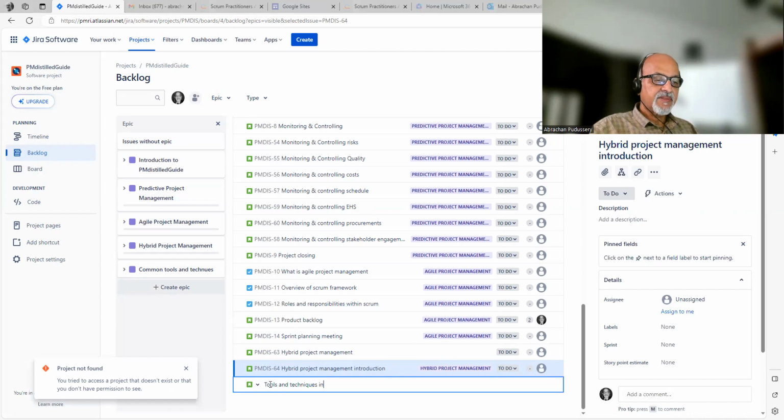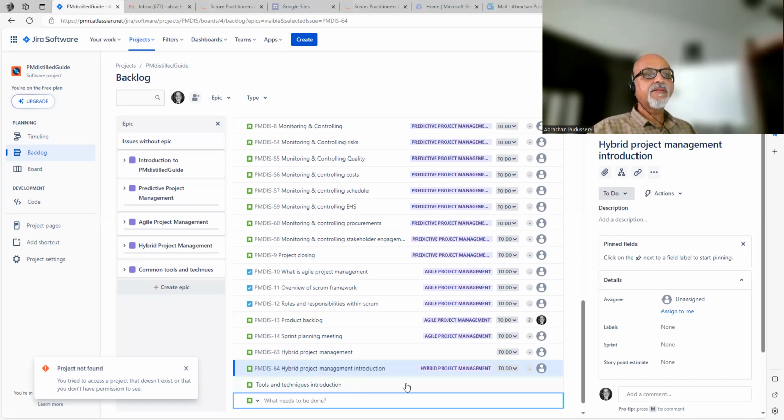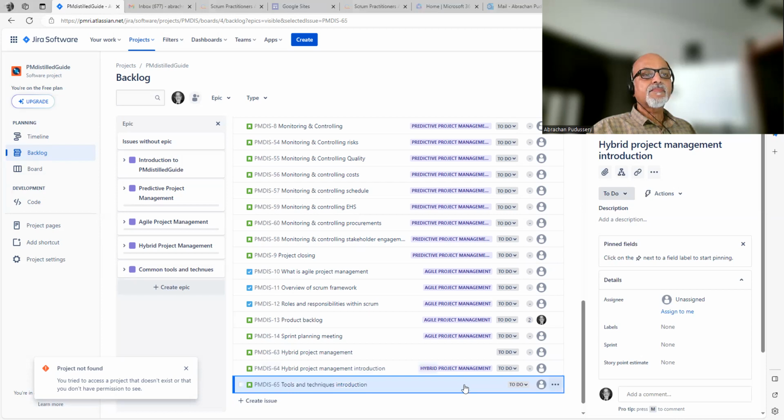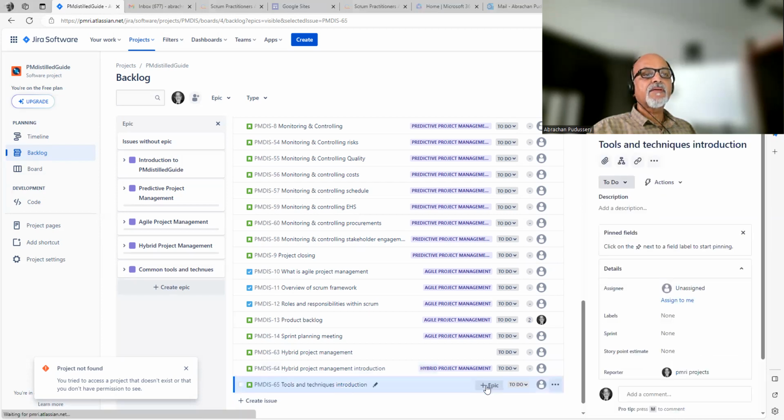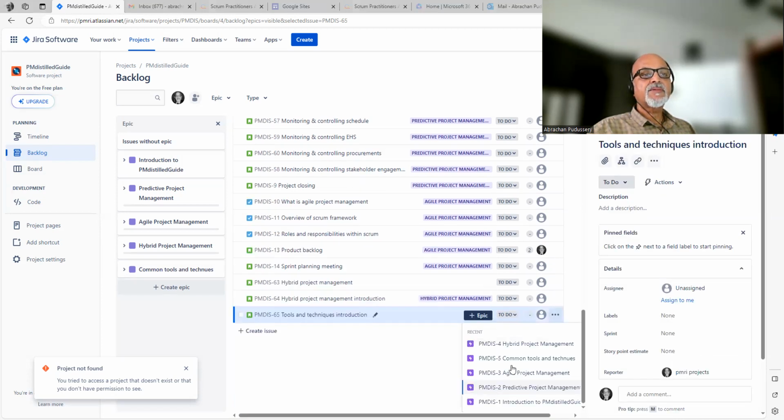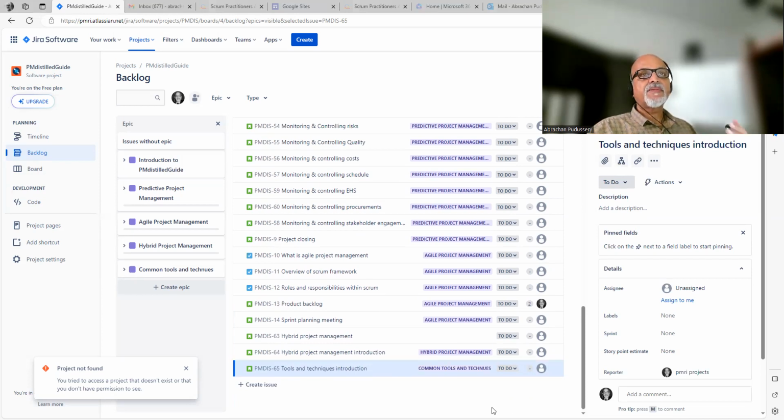Let me create it, and I'm attaching this to the epic common tools and techniques.